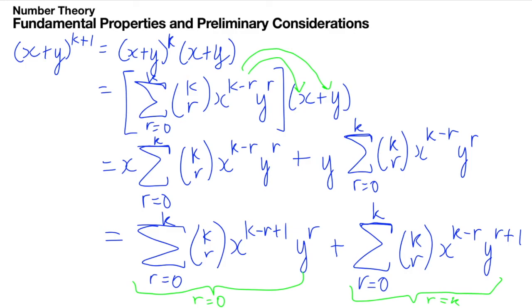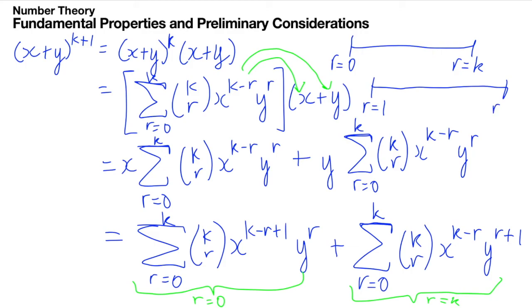We have this, and then we have this interesting step here. The reason behind this is that this r starts with 0 and ends with k, while the other one ends with r equals 1 and ends at k plus 1.